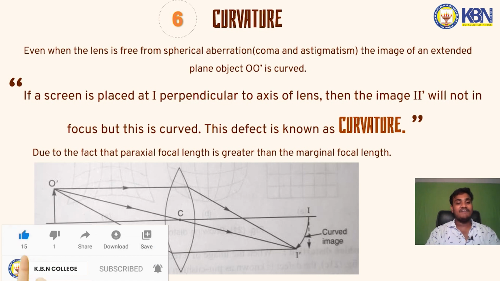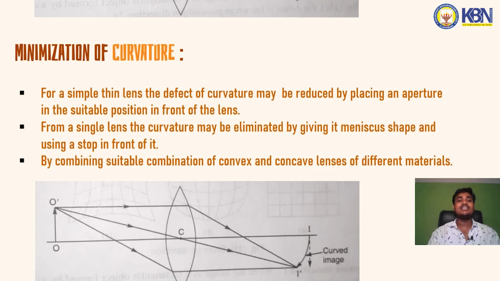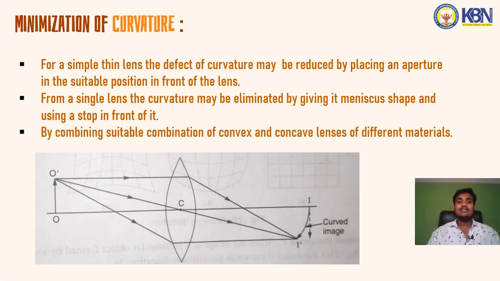This is due to the fact that the paraxial focal length is greater than the marginal focal length. This is the reason for which the curvature aberration arises. For a simple thin lens, the defect of curvature may be reduced by placing an aperture in a suitable position in front of the lens.